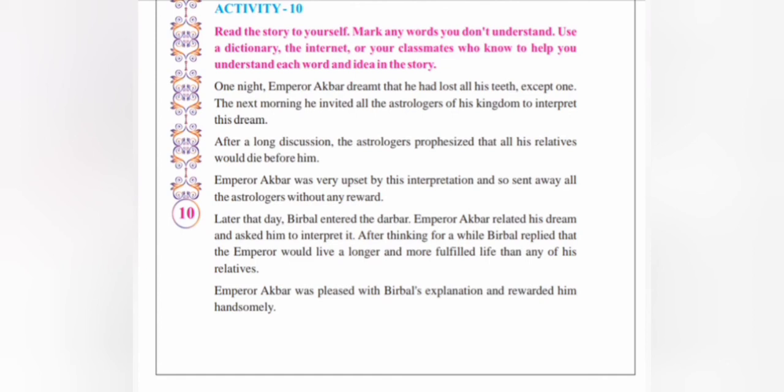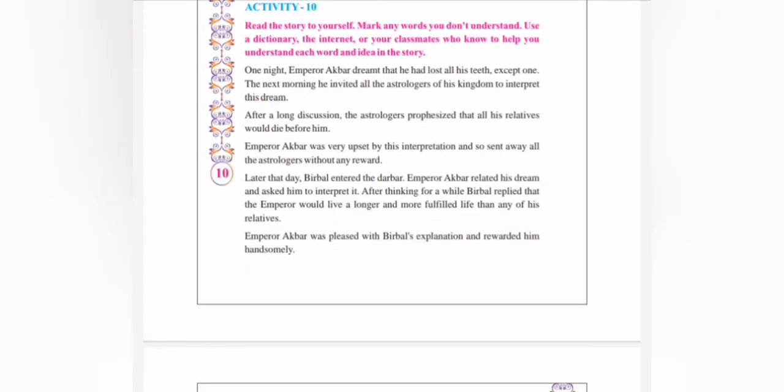One night, Emperor Akbar dreamt that he had lost all his teeth except one. The next morning, he invited all the astrologers of his kingdom to interpret his dream. They told about the future that all his relatives would die before him.